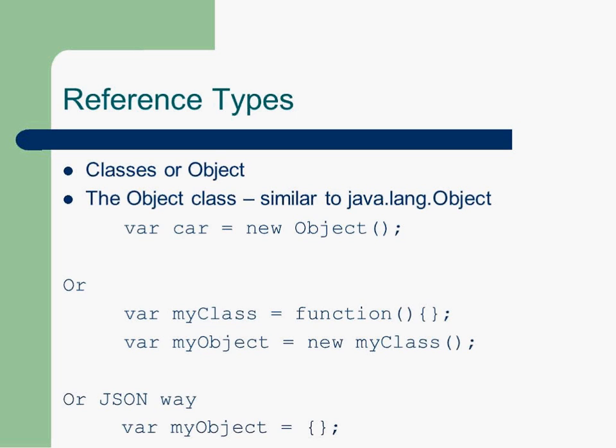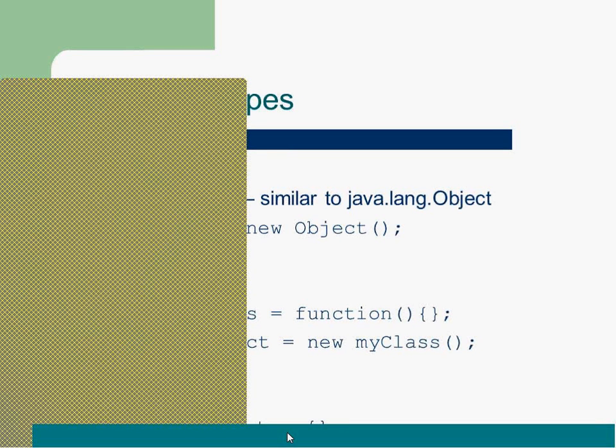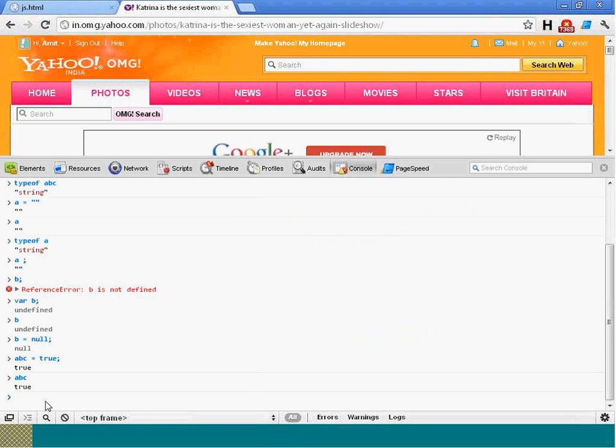It's quite similar, not any keyword or something, it's a variable name only. When you say new my class, it will call that function and return you an object. Let me do this again inside, that will make more sense.